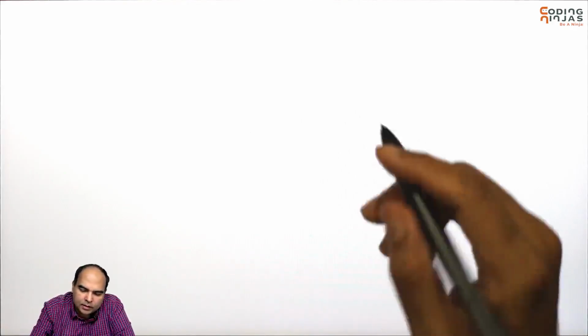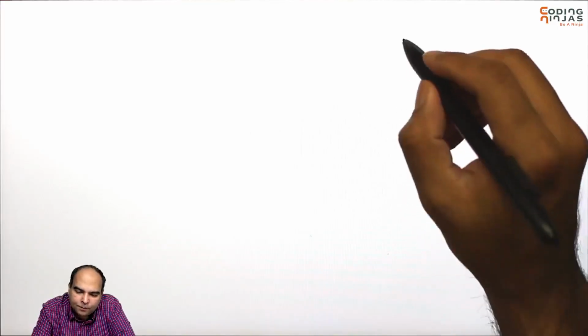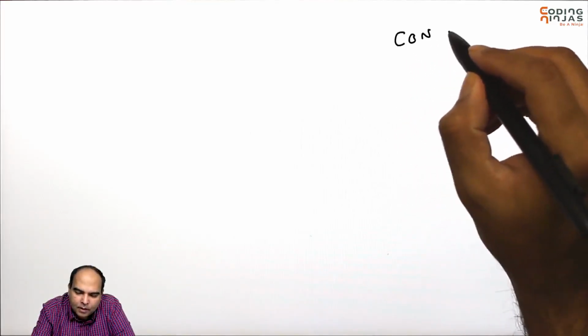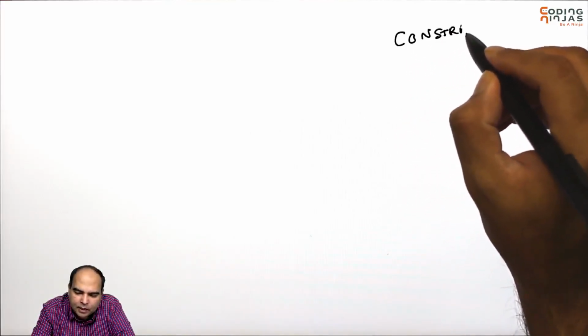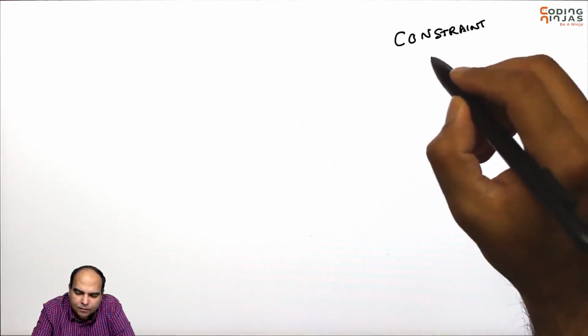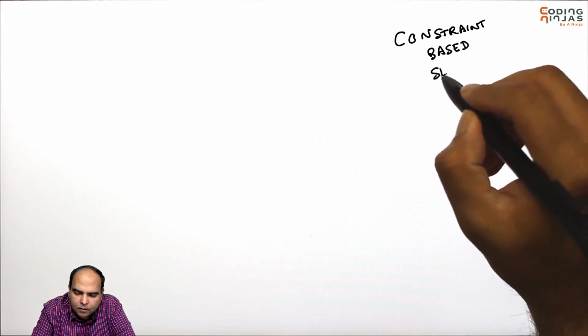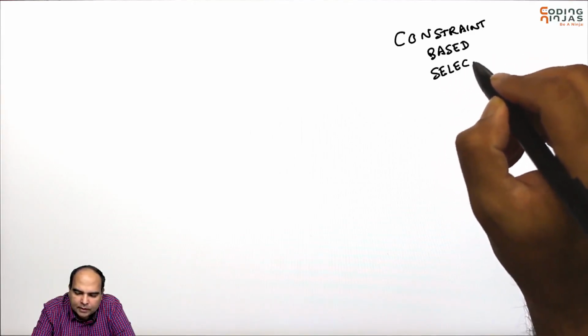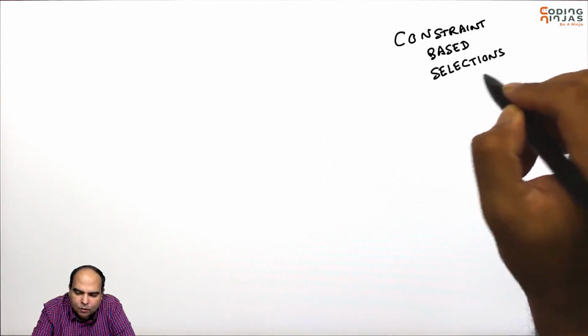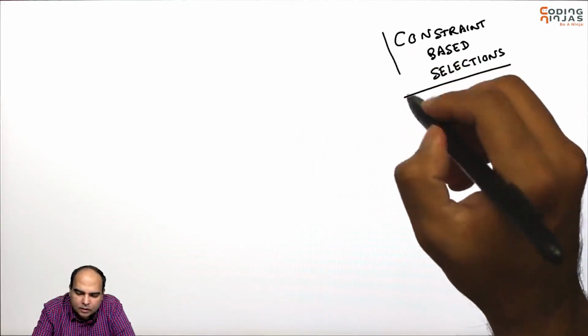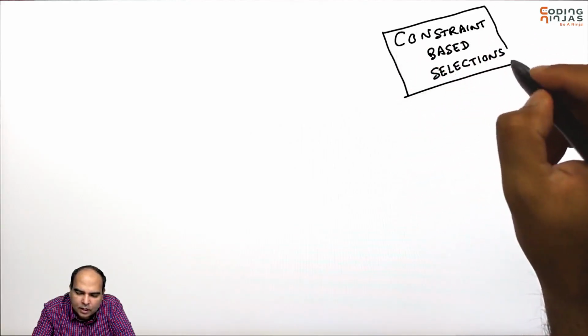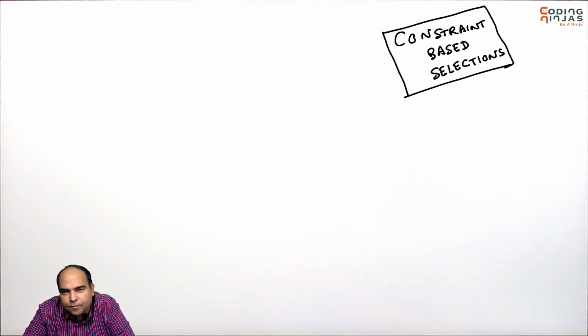The other one is where you have what can be described as constraint based selections. Now what are constraint based selections? Constraint based selections are selections which are based on certain constraints.